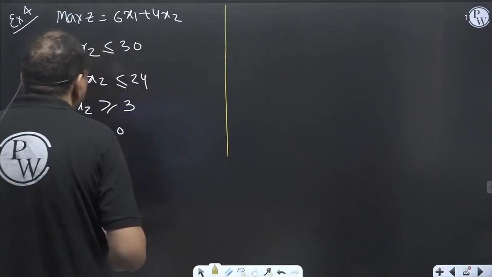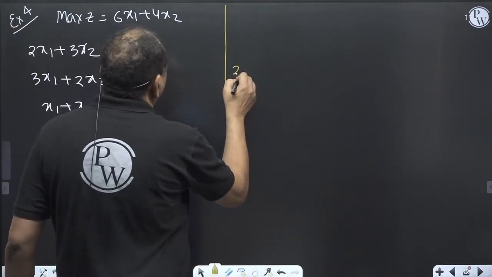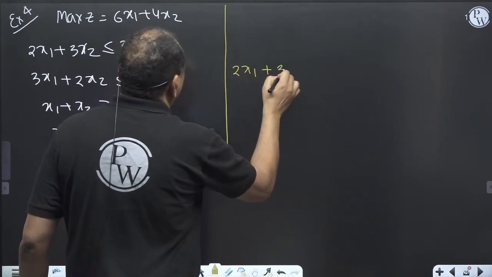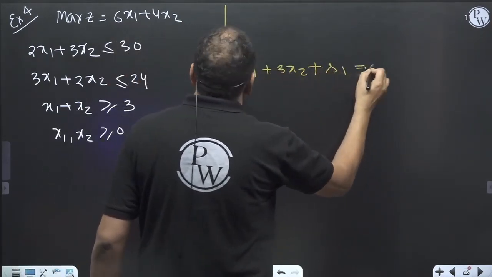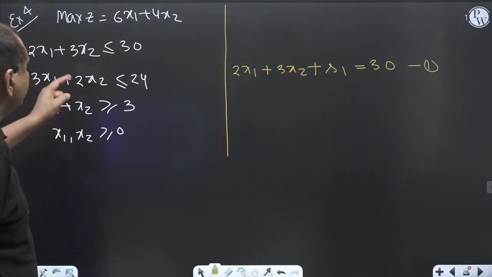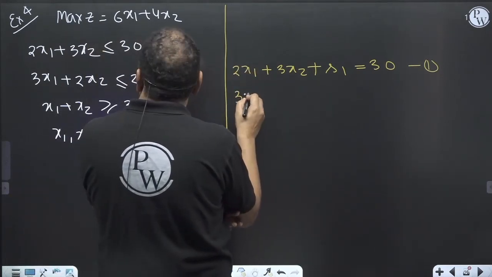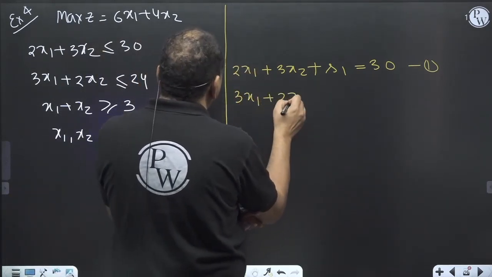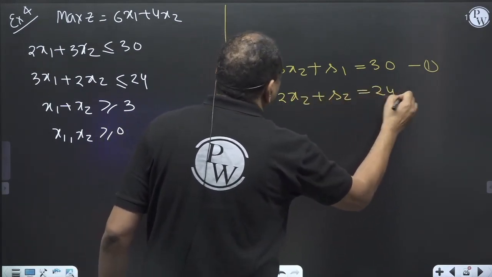Very easy. 2x1 plus 3x2 plus s1 equals 30, slack variable. There will be another slack variable here: 3x1 plus 2x2 plus s2 equals 24.